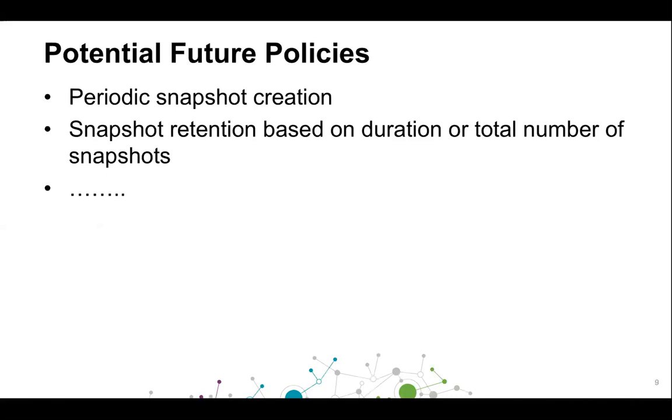And we can also have a retention policy, so we can keep the snapshot for a certain duration, or delete it automatically if the total number of snapshots reaches a certain number. So this is something that we are just thinking about for the future.